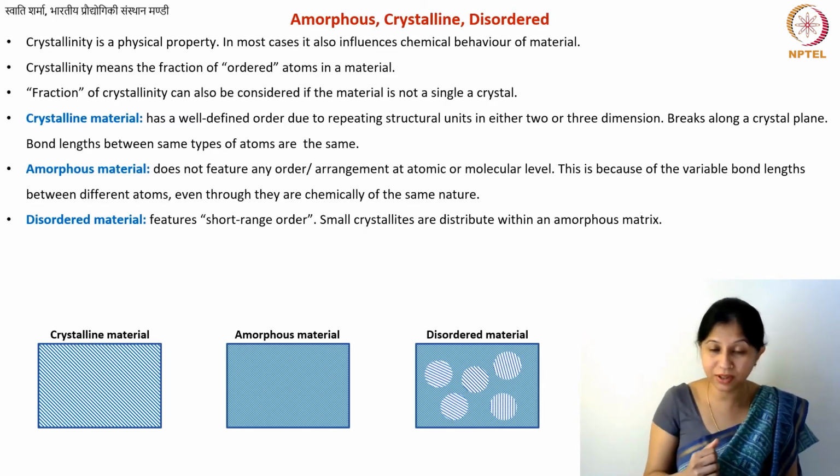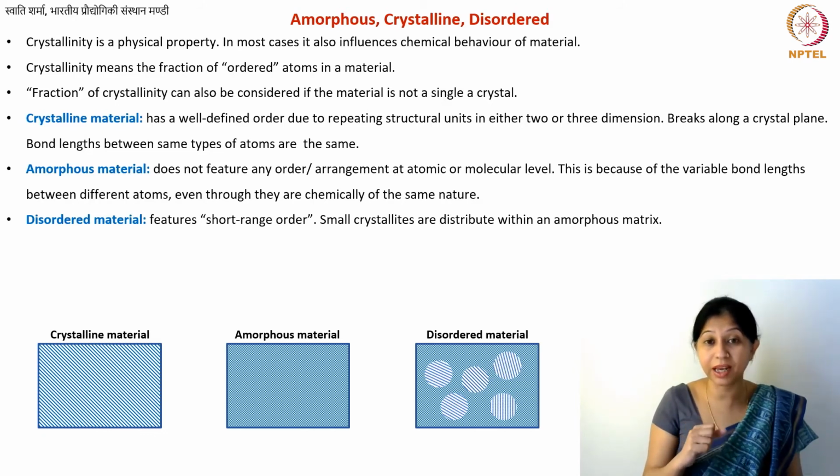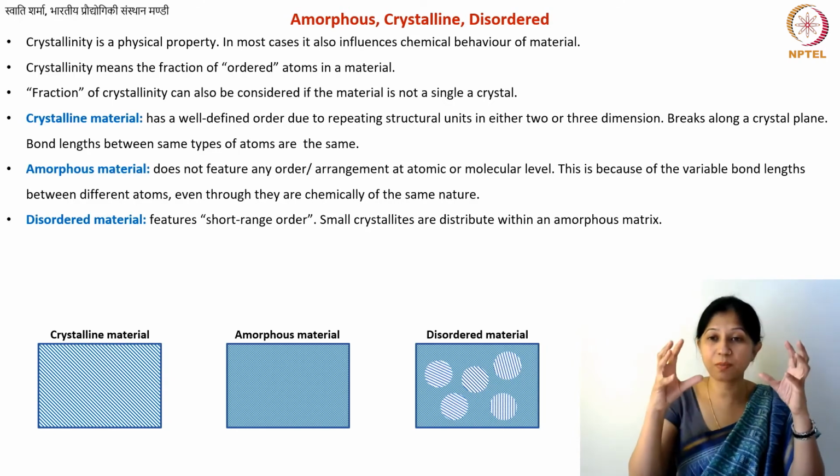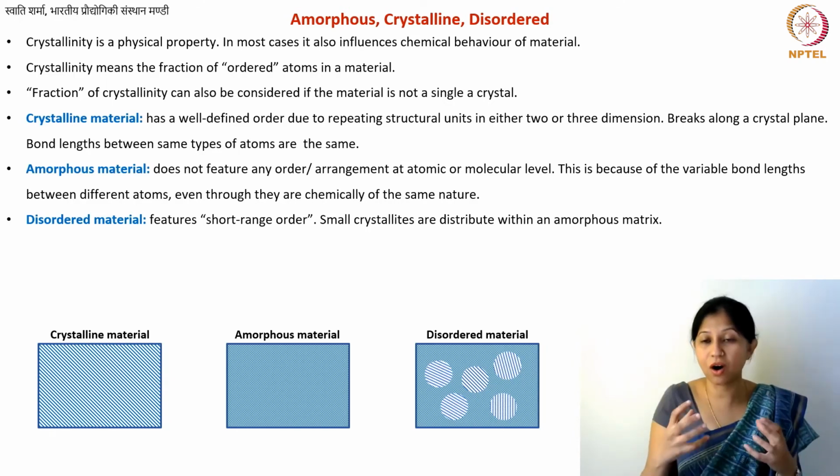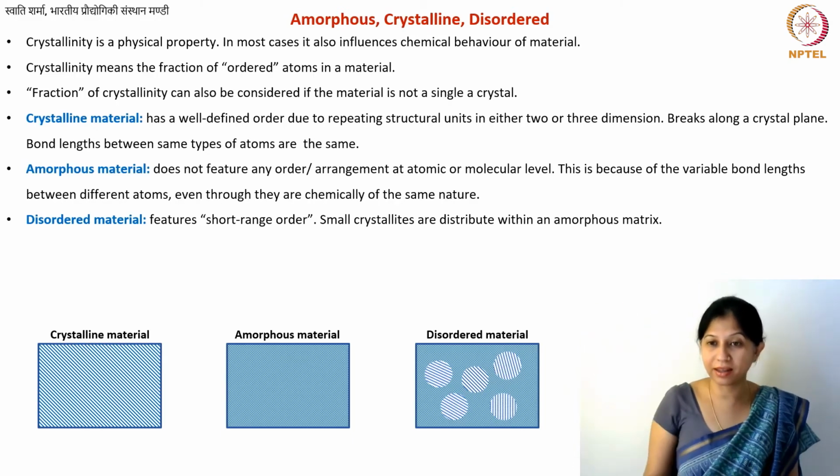But in the case of amorphous, you will not have that kind of electrical conductivity. Disordered materials will be somewhere in between, especially when they have this percolation, a network of these tiny crystallites. Then the electron can find a path. Electrons can definitely propagate. You will have electrical conductivity, maybe also thermal conductivity, other properties.